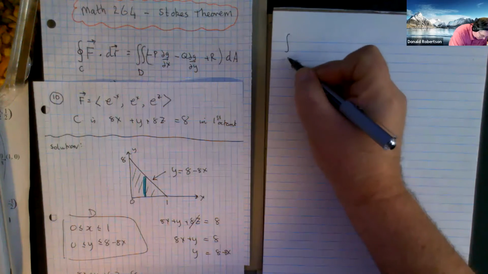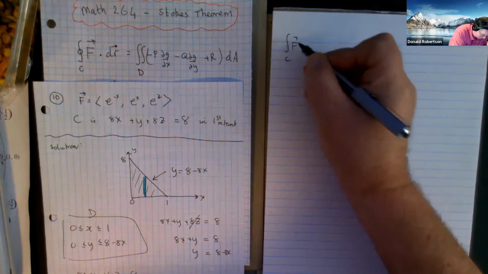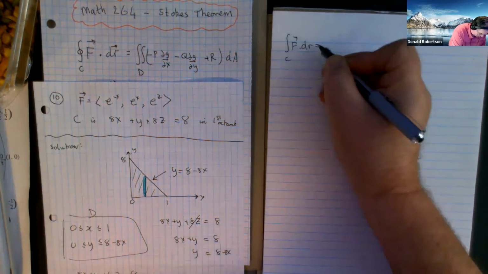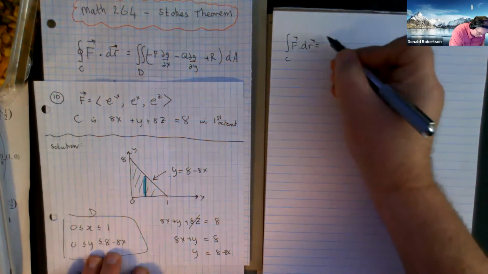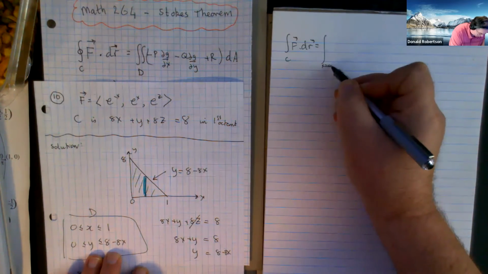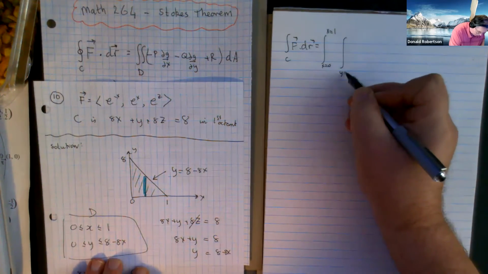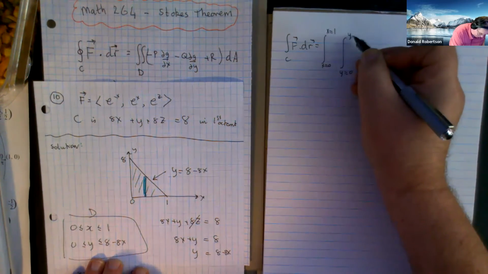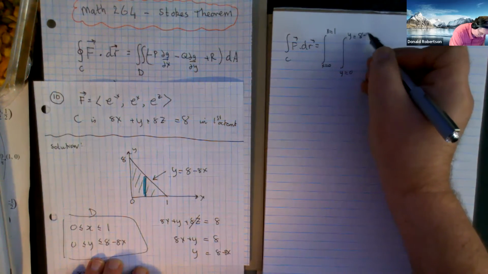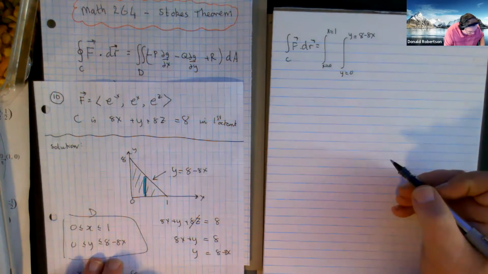We're being asked to find the value of this line integral. It is going to be from x equals 0 to x equals 1, from y equals 0 to y equals 8 take away 8x.